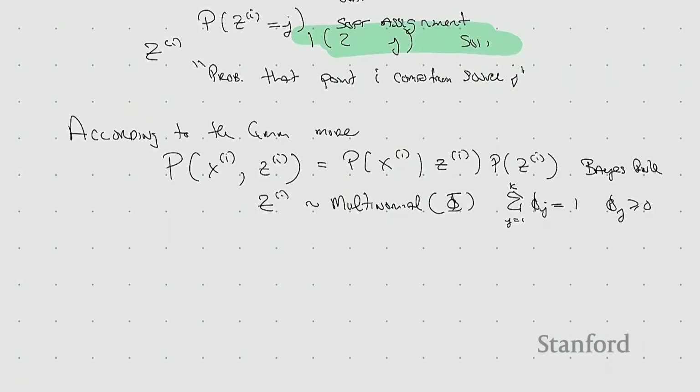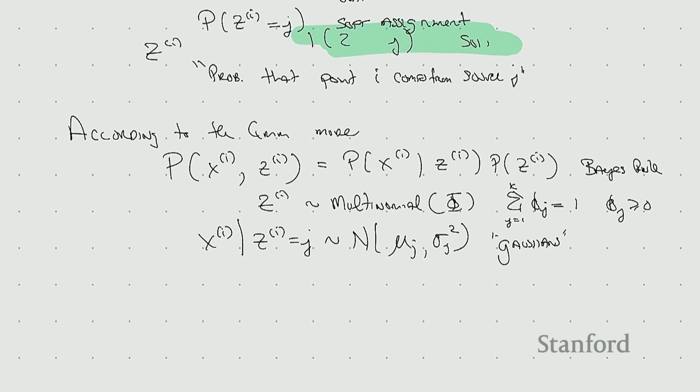Okay? And remember, in our model, I picked Zi, that told me where I was sampling. And then, once I knew Zi, Xi, given that Zi equals j, that means given that it was in cluster j, is going to be distributed like a Gaussian, mu j, sigma j squared. Okay? So these are all Gaussians.